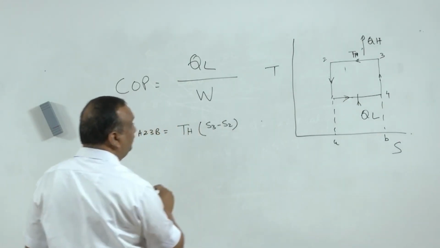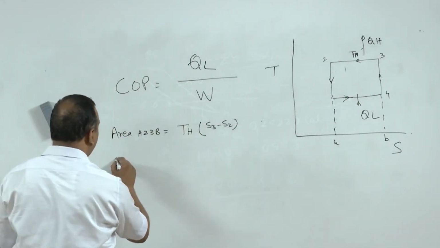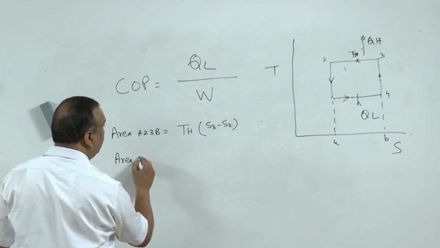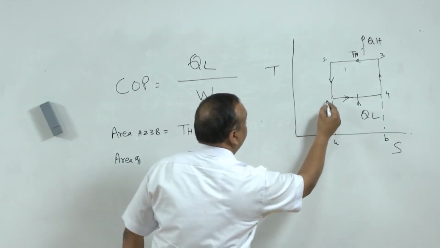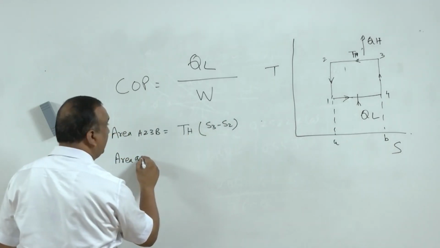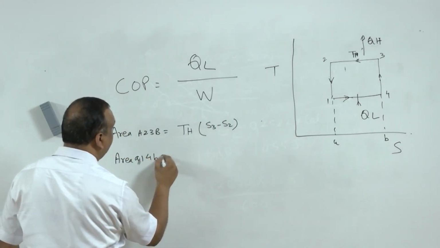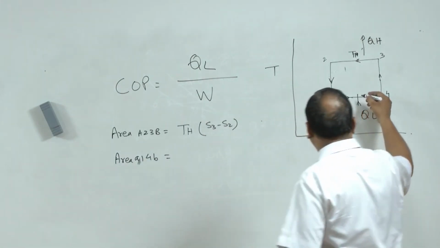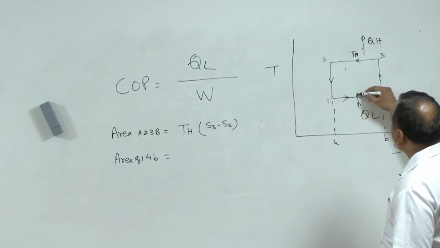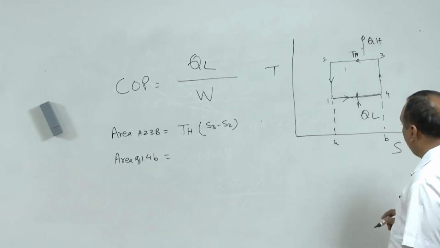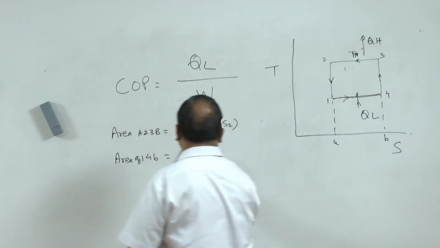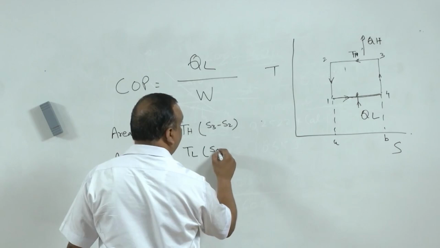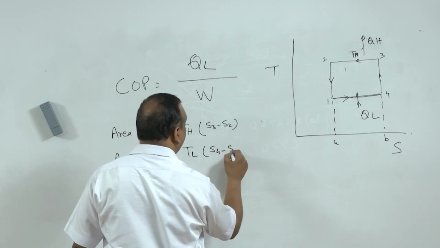Now, the area A14B, with this point being 1, will be the heat transfer from the surroundings to the fluid. So, this area is TL times (S4 minus S1).